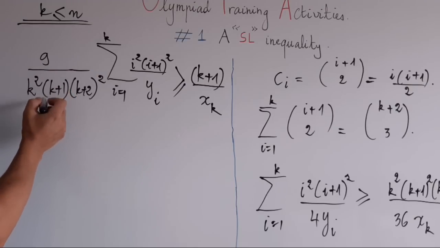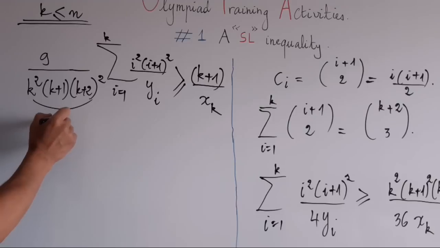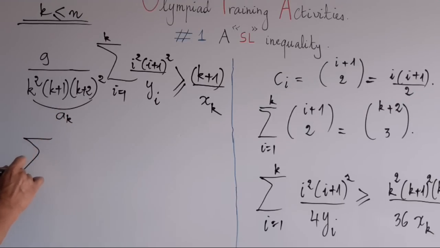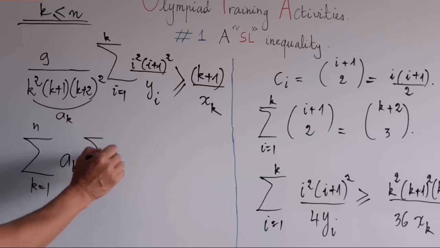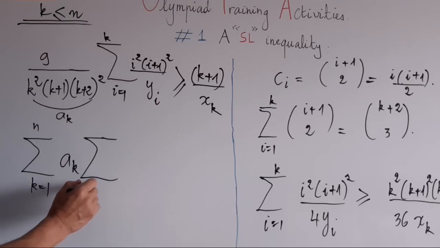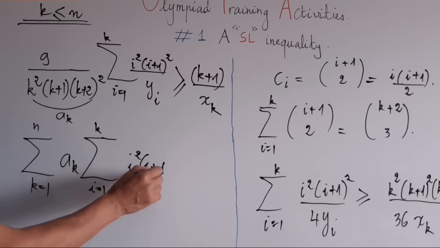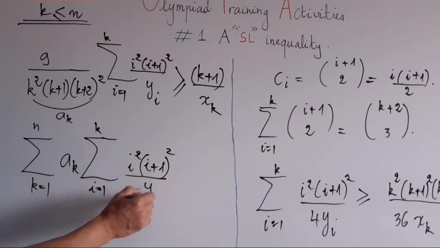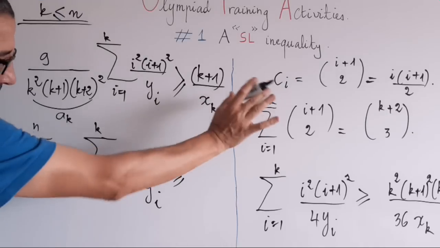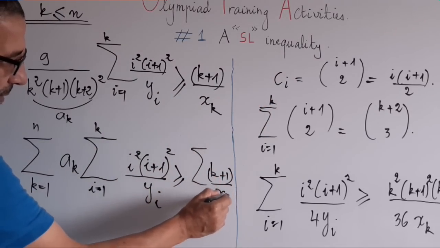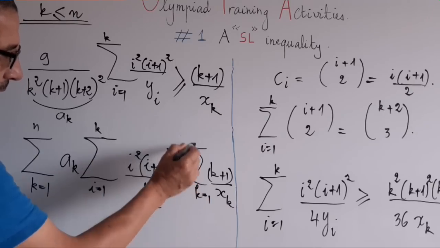If we want to simplify, name this term a sub k, we have to do now the summation k from 1 to n of ak, and here this quantity i equals 1 to k, i square, i plus 1 square over yi, and the wanted expression here is the sum of k plus 1 over x sub k, k from 1 to n.